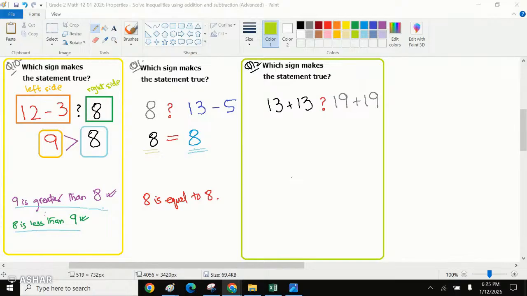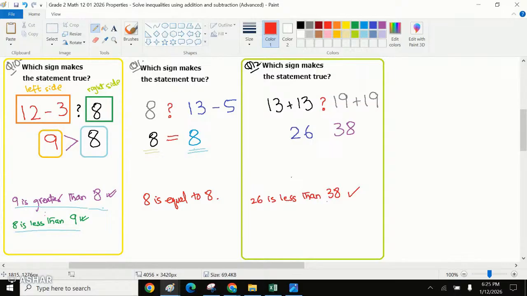Or what we can do is 13 plus 13 is 26, and 19 plus 19 is 38. So which number out of these two should be greater? Or we can say 26 is less than 38.